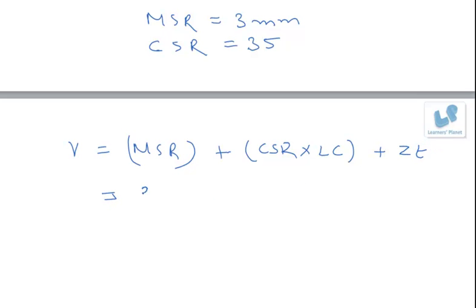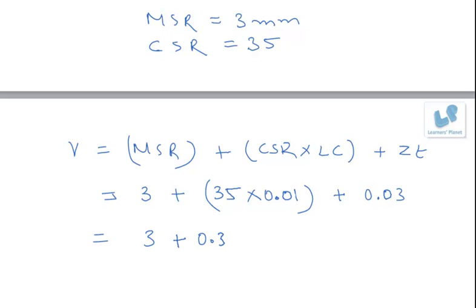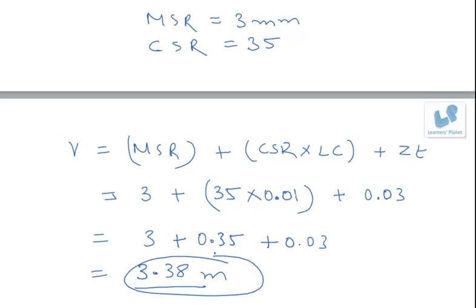Main scale reading is 3 mm, circular scale reading is 35, least count is 0.01 and zero error is 0.03. So this is 3 plus 0.35 plus 0.03. This is 3.38 mm. This is the diameter.